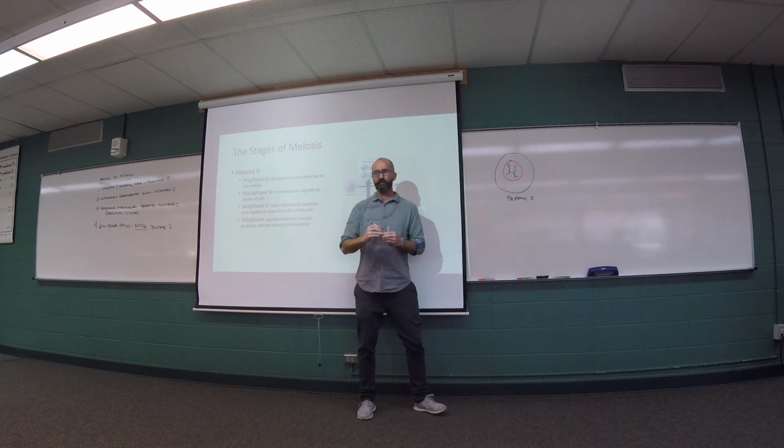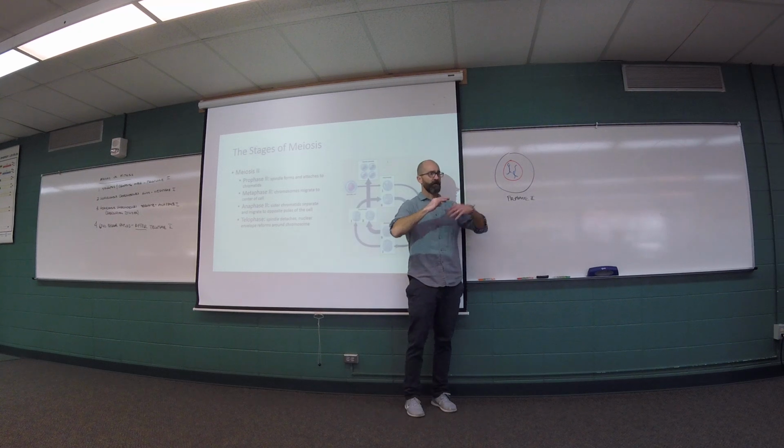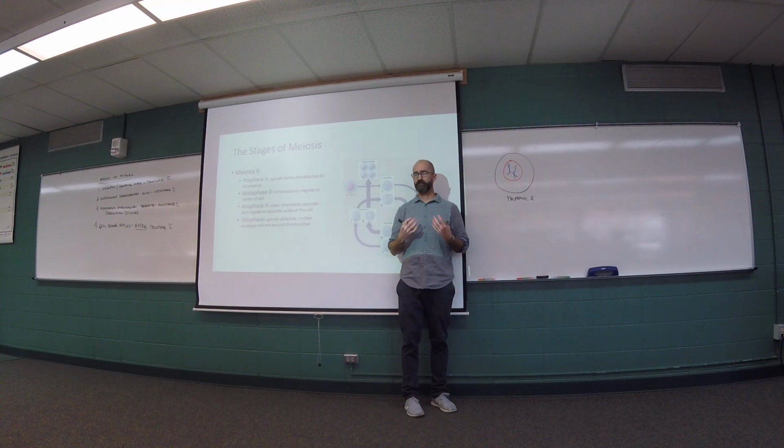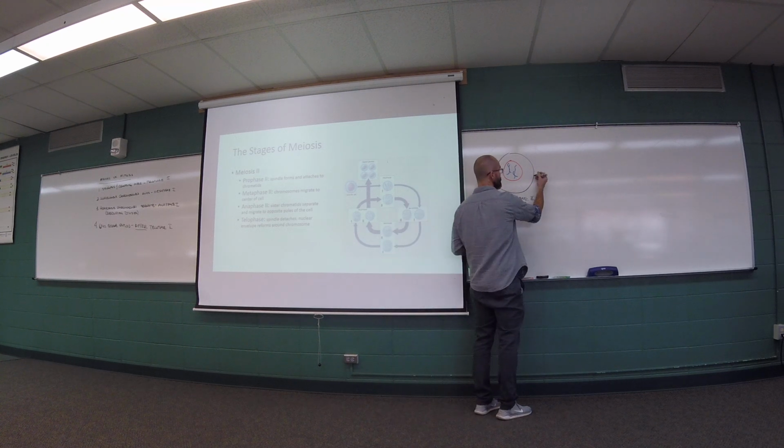And remember, at this point, those blue chromosomes aren't going to be entirely blue, right? They're going to have some of dad's genetic material on them. They're going to be recombinant. That's what we call it.